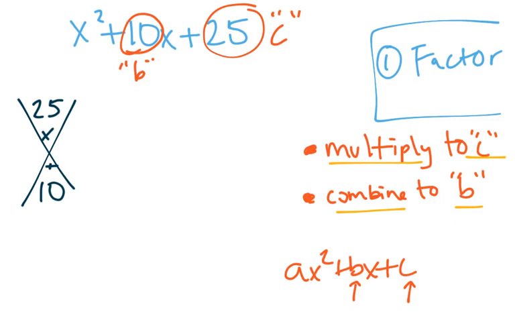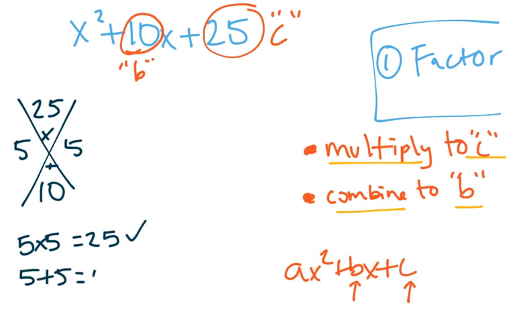Let's start there. 5 times 5 gives me 25. So 5 times 5 equals 25. Check. What if we add them together? Does 5 plus 5 equal 10? Question mark. And in this case, it sure does. So that means that our two numbers are 5 and 5.